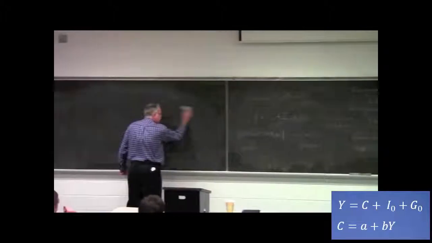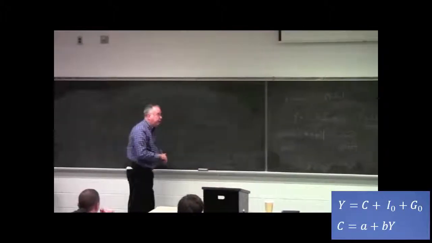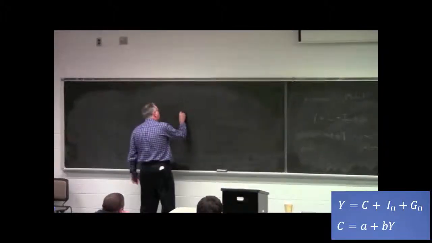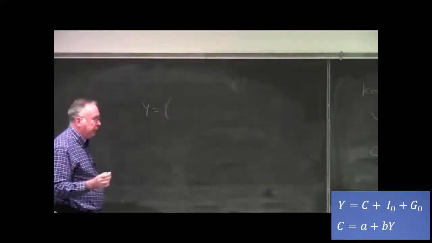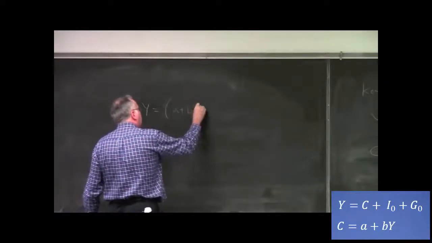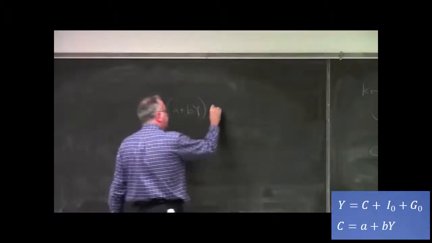If we just take that first equation and now substitute for c, we get y equals, and let me put parentheses around this c term, a plus by, plus I plus g.